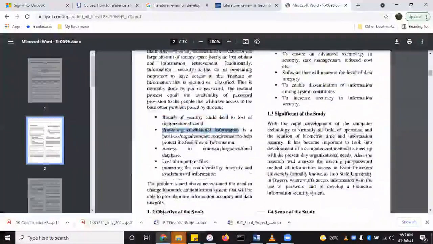Okay, so these are the breakdown of the challenges, or the problem statements, that he wants to address within his research, within his paper here. Or within his design over here, that relates to the manual process of authenticating systems. Okay, so this is how he has gone about it.